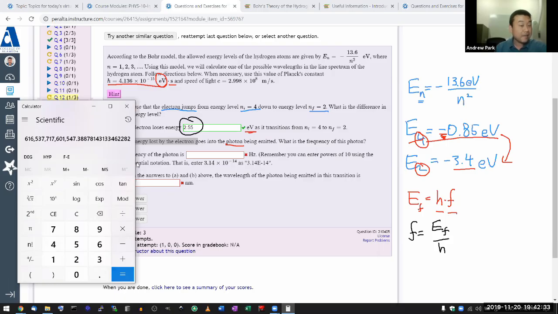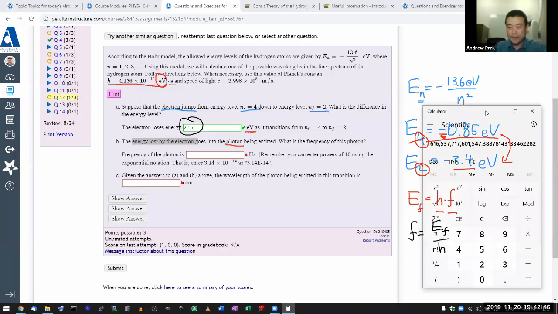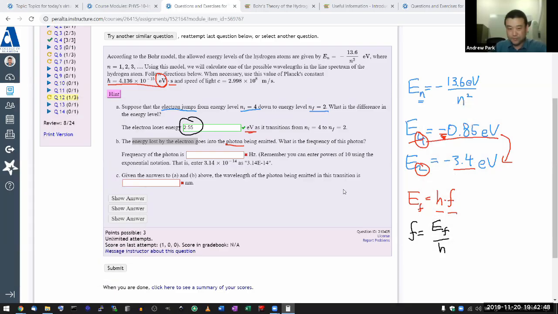You could use scientific notation, and if that's how your calculator gave it to you, great, use that please. Here, I just have all these digits, so I'm just going to plug that in. 616,537,717,601,547, and then it's 0.38, whatever, 39.